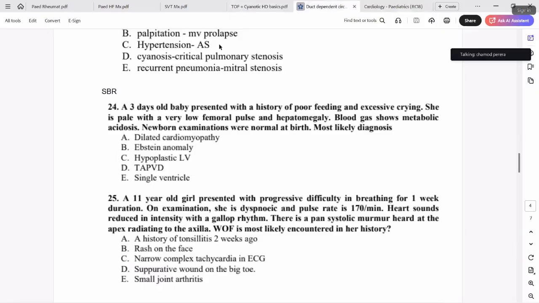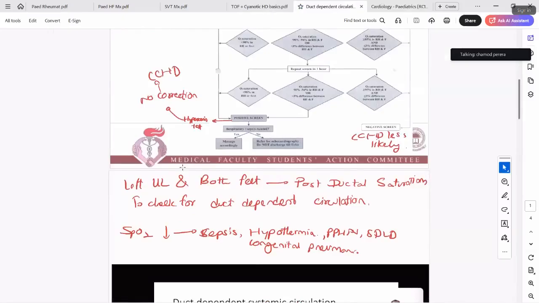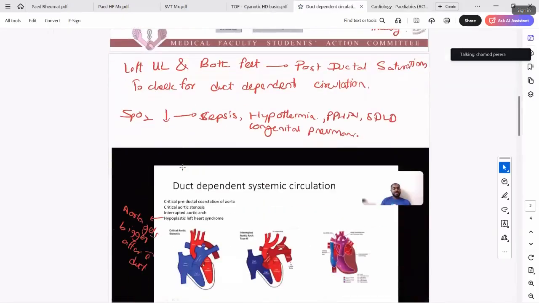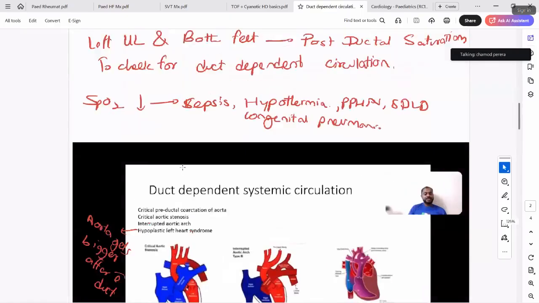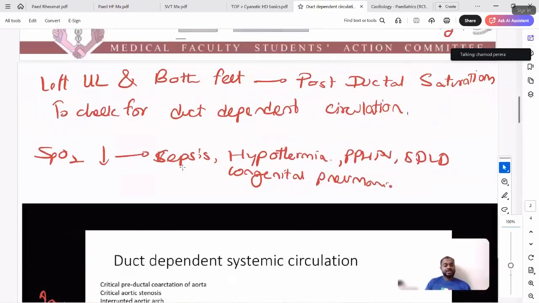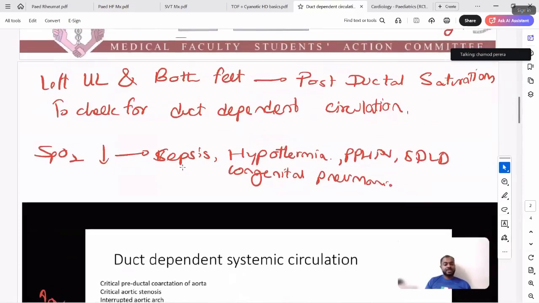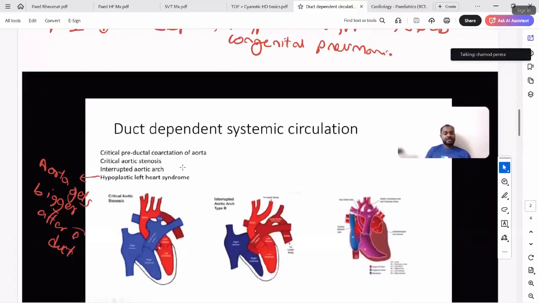Before looking through this question, we'll look at duct dependent circulations, right? I will share this PDF also. We have two types: duct dependent systemic circulation and duct dependent pulmonary circulation. Duct dependent systemic circulation occurs when there is some pathology and the duct is the only way through which the entire body is receiving blood.